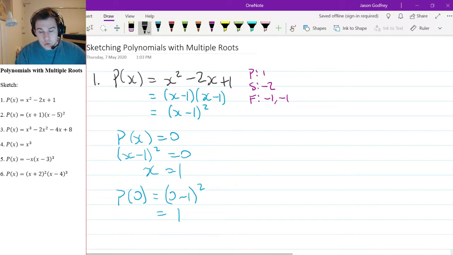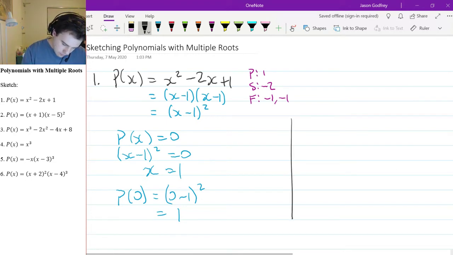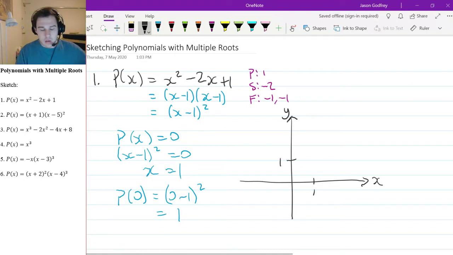Okay, so it's a degree 2 polynomial, so it'll have one turning point. So we have an x-intercept here at 1, and we have a y-intercept here also at 1. Now, if you were graphing it, you might think it goes through at two points, but notice it has 2 roots.